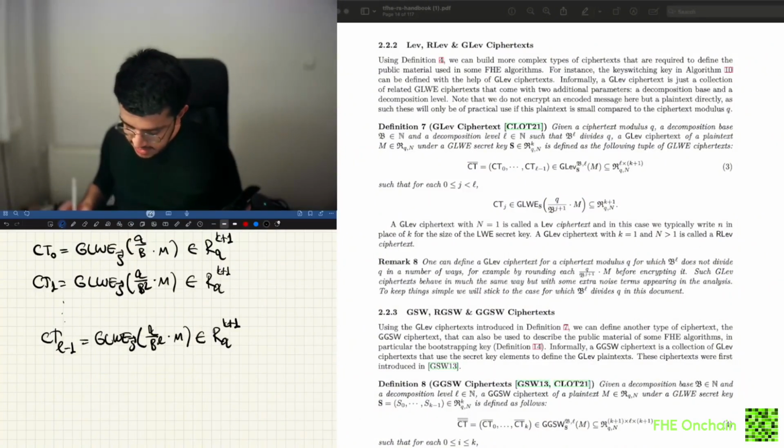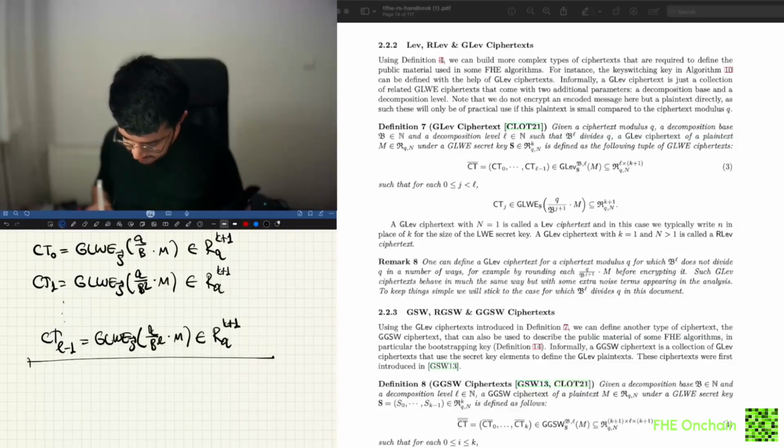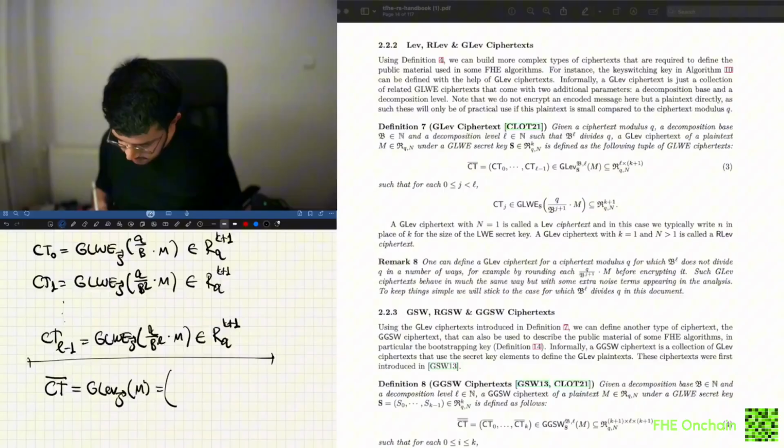Then when we combine all of this, we have a new ciphertext, the GLev ciphertext CT bar, which is equal to the GLev encryption of the message M, which is this big vector of CT0, CT1 till CT L minus 1.